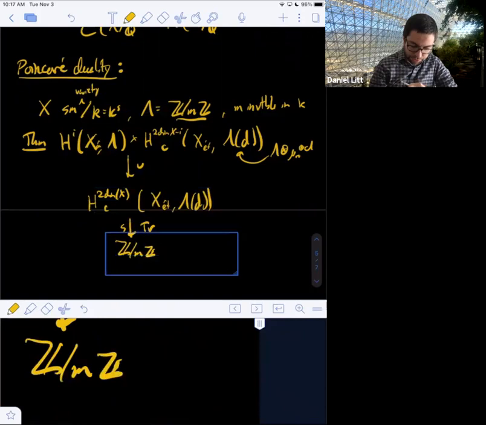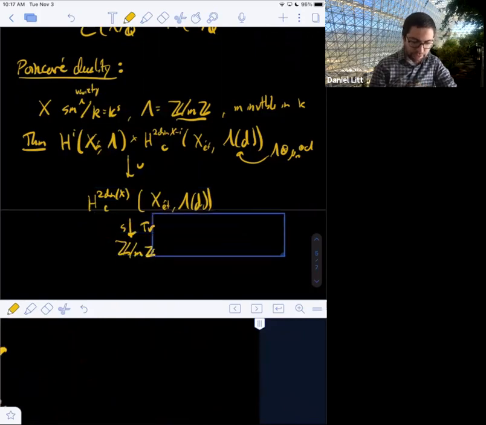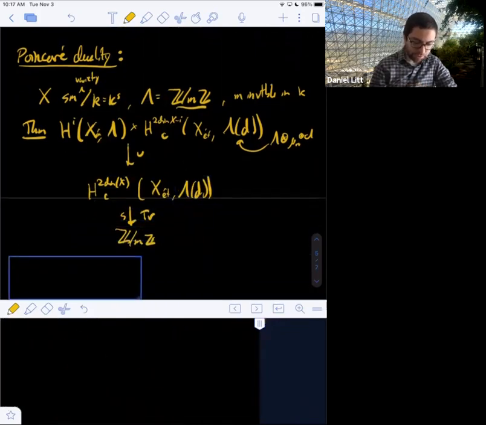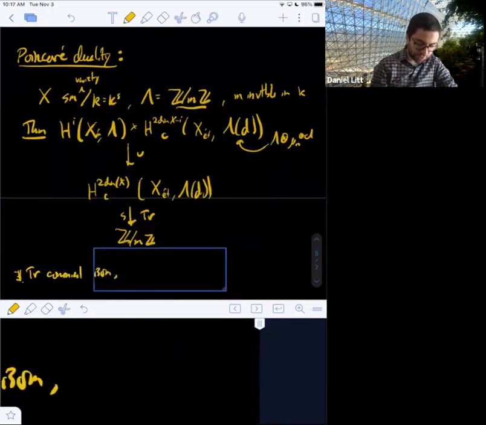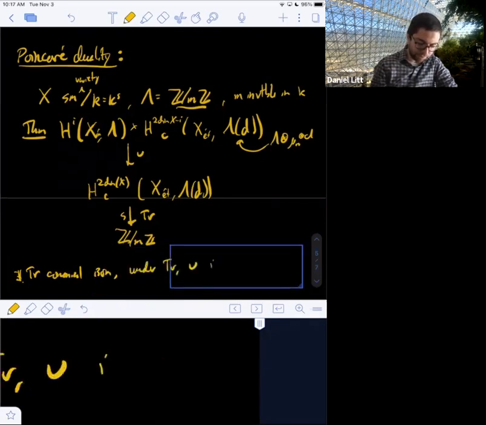So the claim is that we have an isomorphism like this, the canonical trace map, and moreover, under this isomorphism, the cup product becomes a perfect pairing.